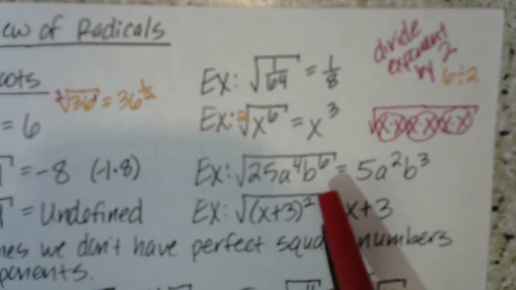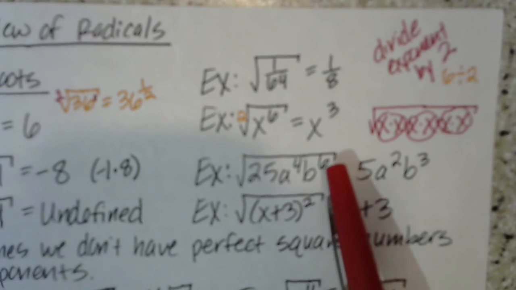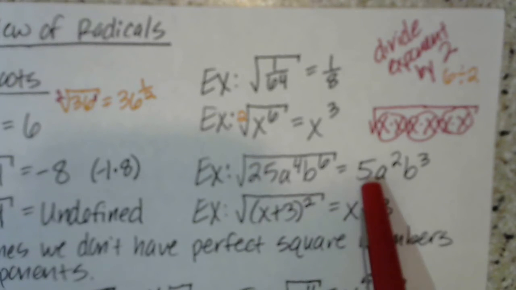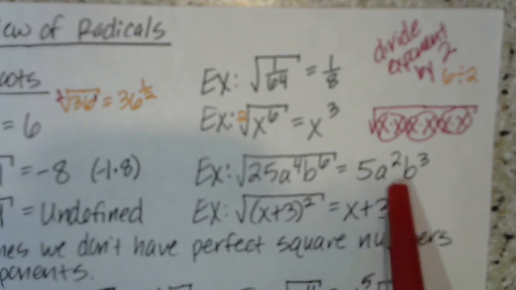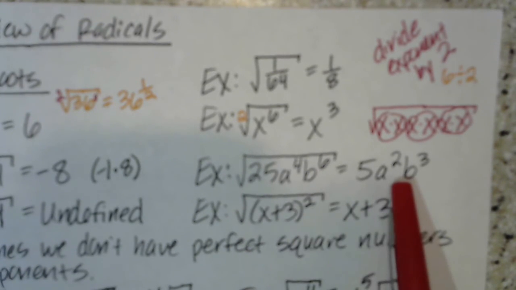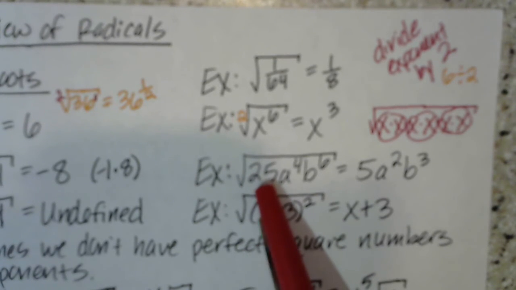So the next example, 4 divided by 2 is even, 6 divided by 2 was even, and I know that the square root of 25 is 5. That's why there's no radical left in my answer, because 25 is a perfect square and all of my exponents divided evenly. Make sure you don't divide 25 by 2. It's not an exponent.